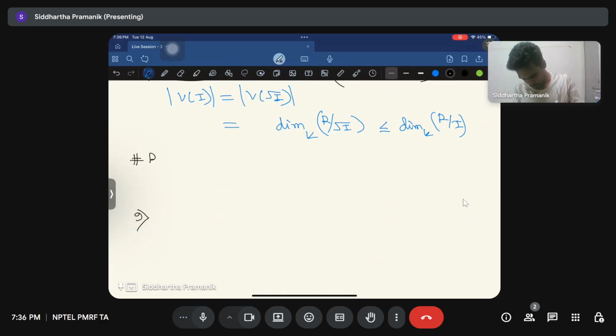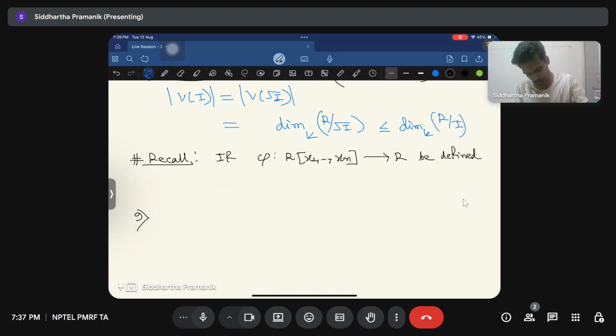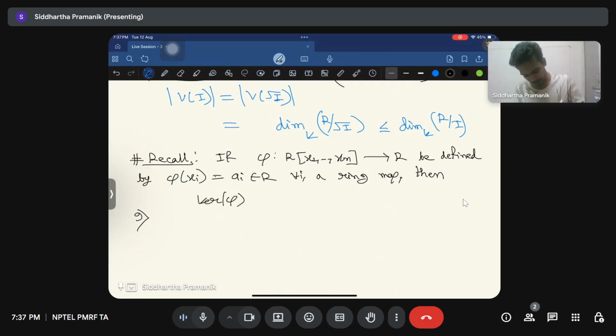Recall, if phi from R[x1, ..., xn] to R is a ring map defined by phi of xi equals ai for some ai in R, then the kernel of this ring map is basically the ideal generated by x1 minus a1, x2 minus a2, and so on up to xn minus an.